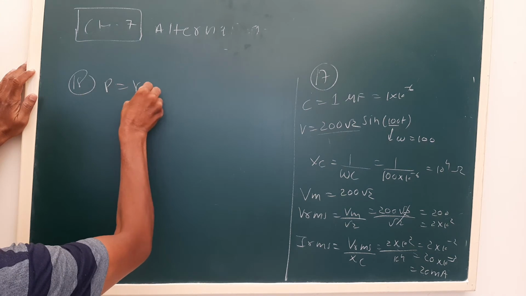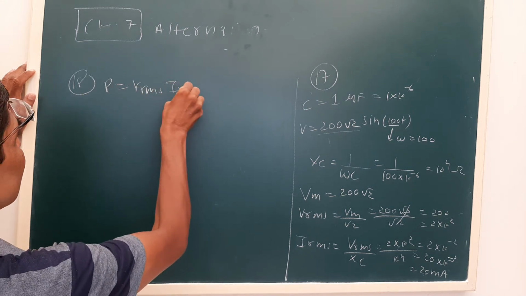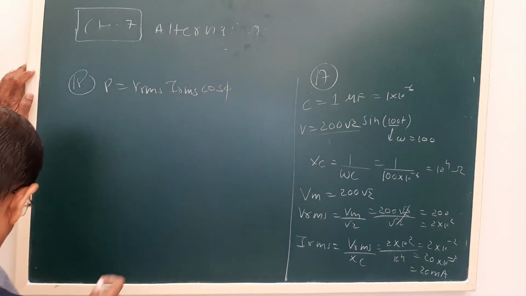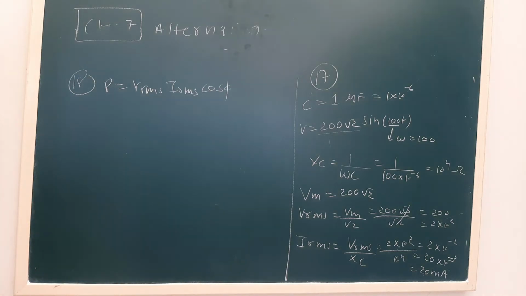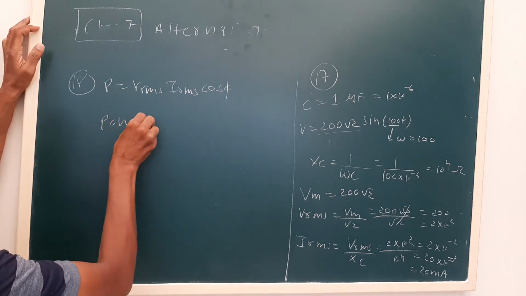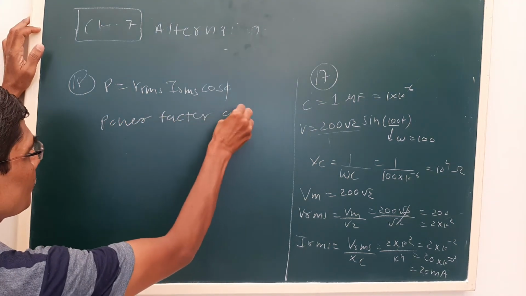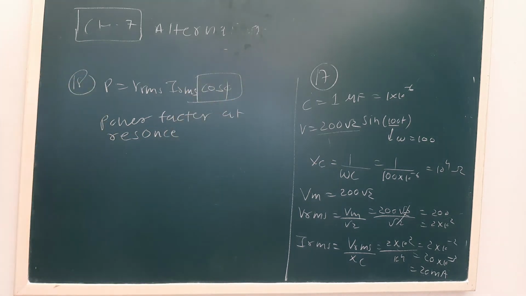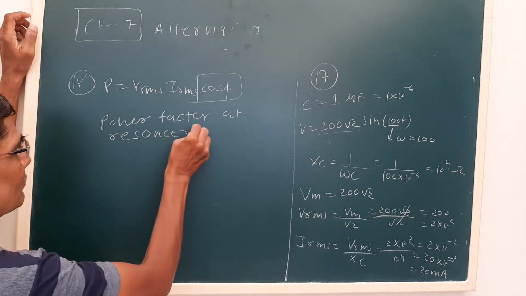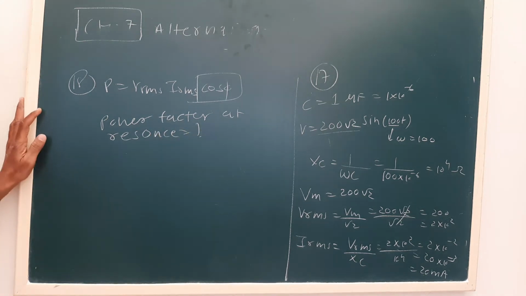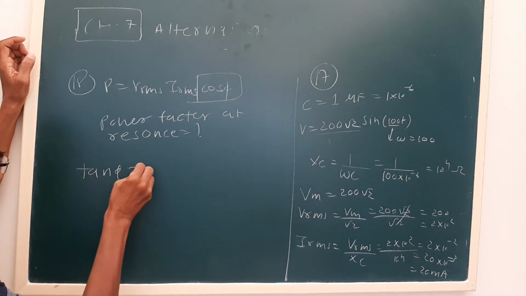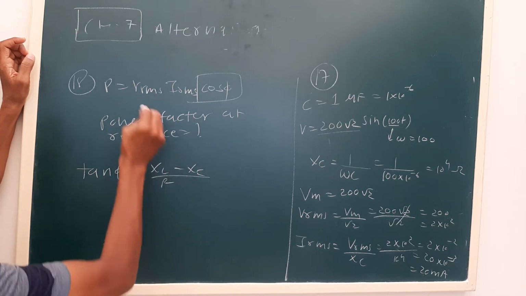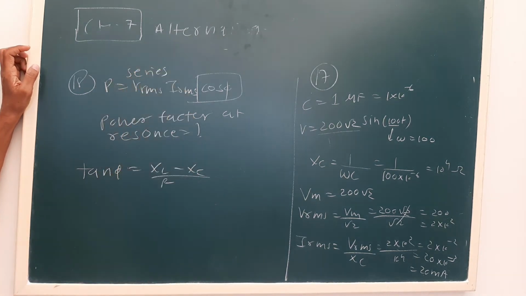See, the power in the circuit is given as Vrms Irms cos phi. Okay. Now, what will be the power factor at resonance? Now see, power factor is given as cos phi. Now we have to calculate power factor at resonance. Now first we talk about the phase difference. See, that is tan phi equals XL minus XC by R. Okay, we talk about the series LCR circuit.